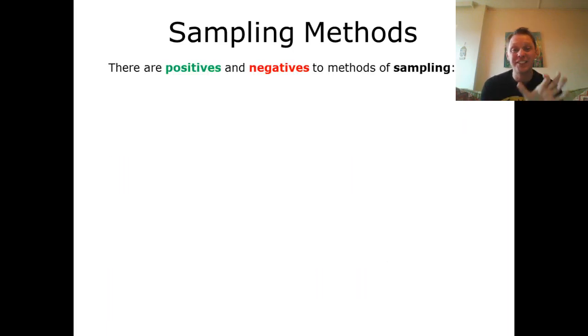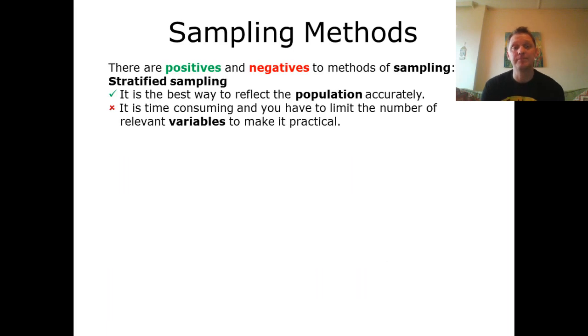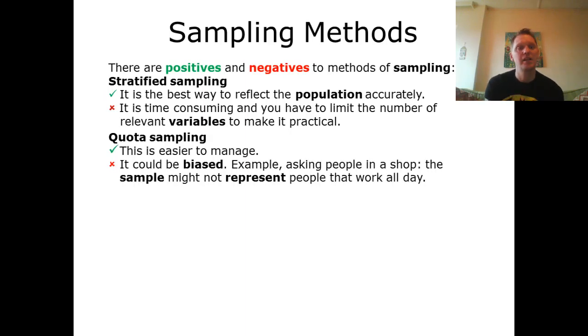So there are positives and negatives to using each one of these. Stratified sampling is by far the best way to get a full reflection of the population, but unfortunately it is time consuming, and there are limits to the number of variables that we can take into consideration for our experiment.